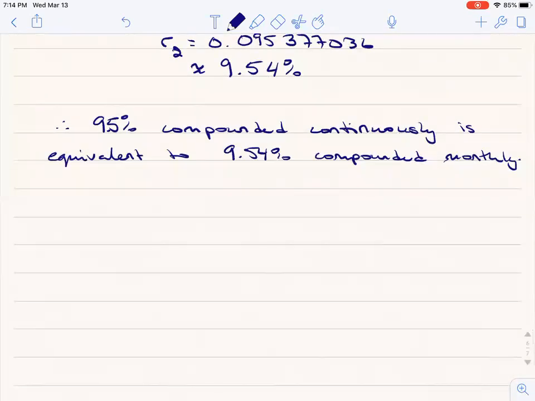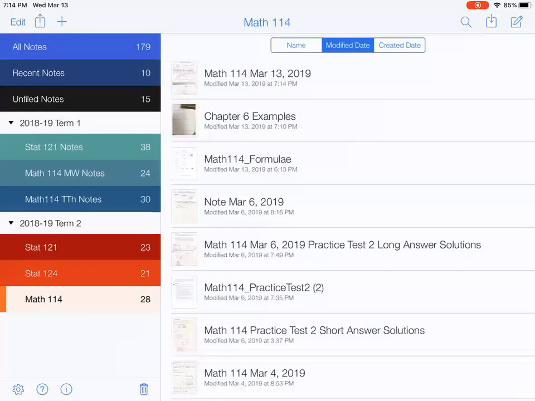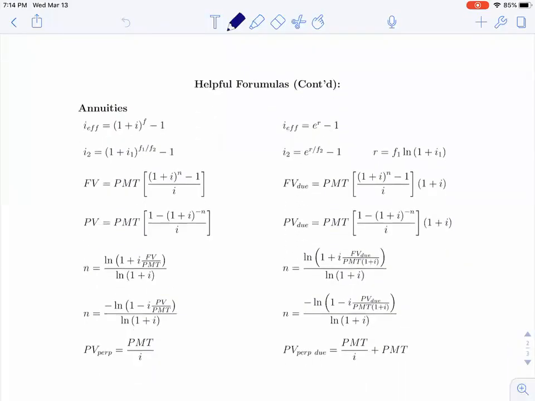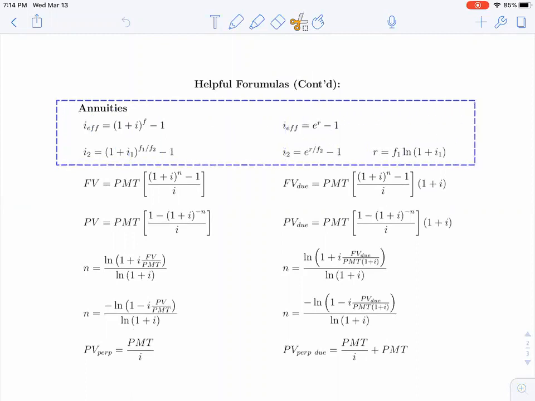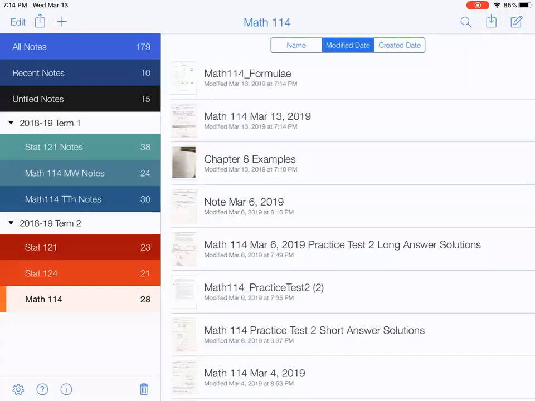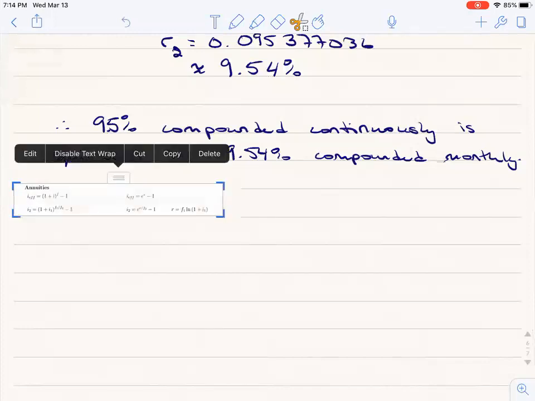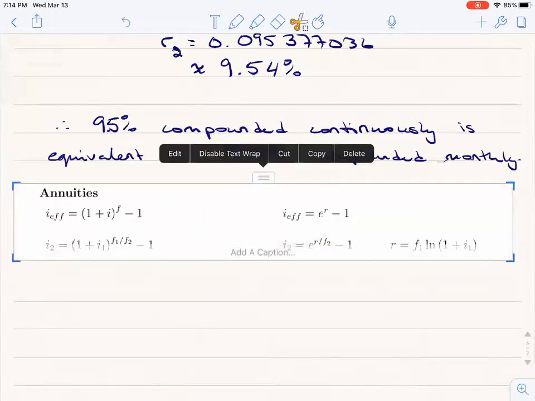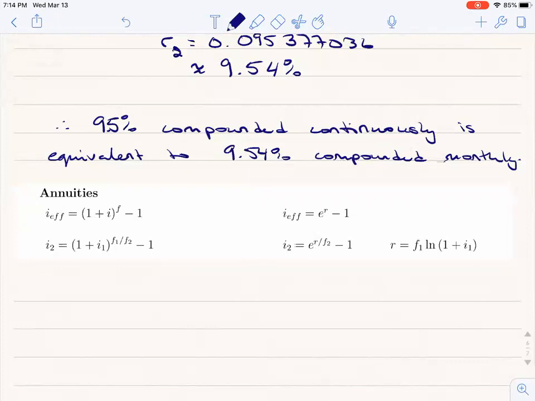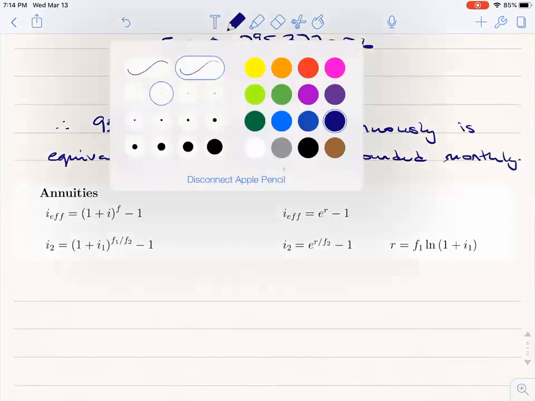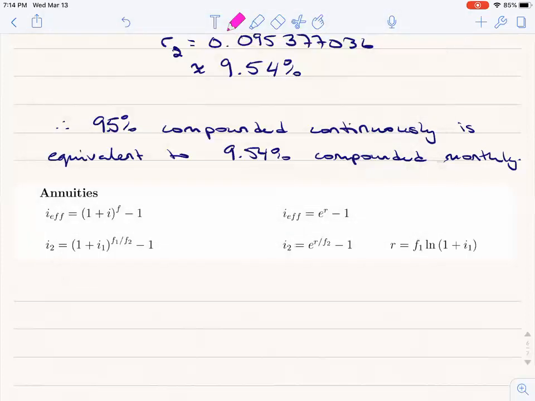All right. So I just want to show you on the formula sheet the ones that we just did. This one is the really important one, I2.